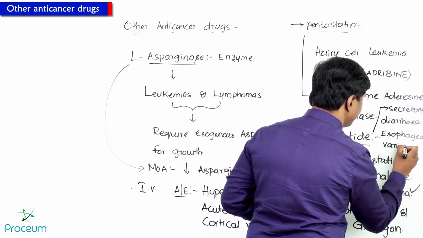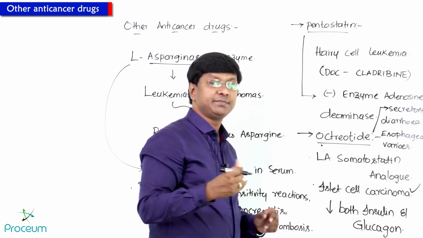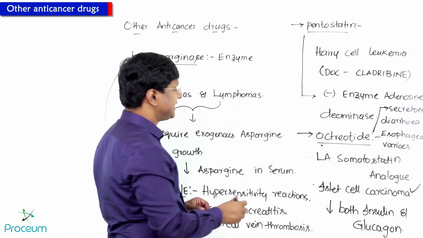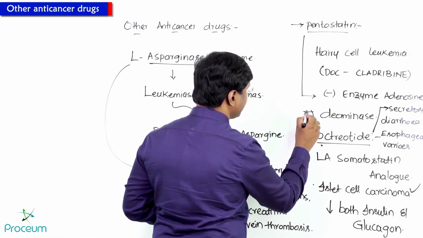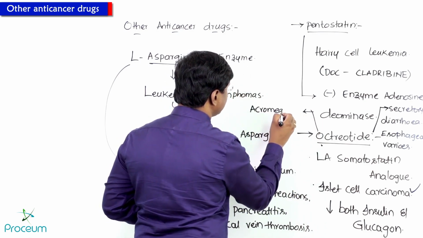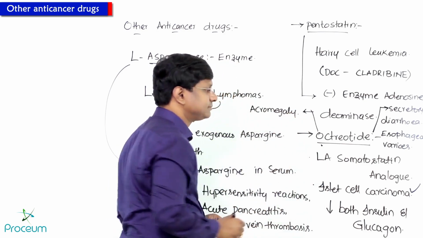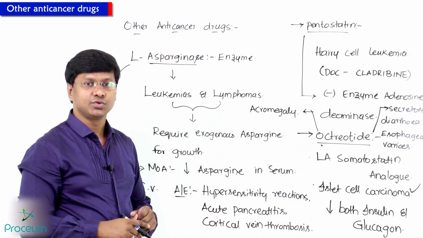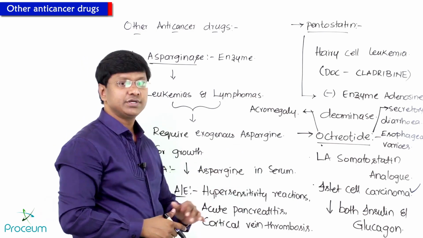Octreotide is also used in the treatment of one endocrine disorder, that is acromegaly, a clinical condition characterized by increase in the growth hormone of the individual. So that is your octreotide.